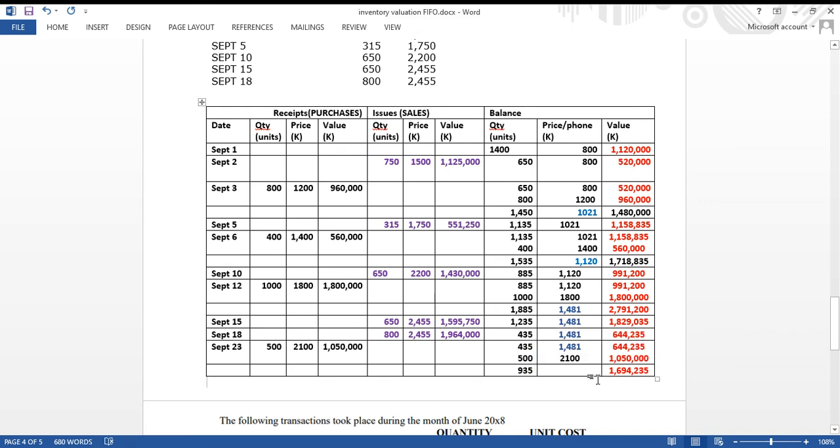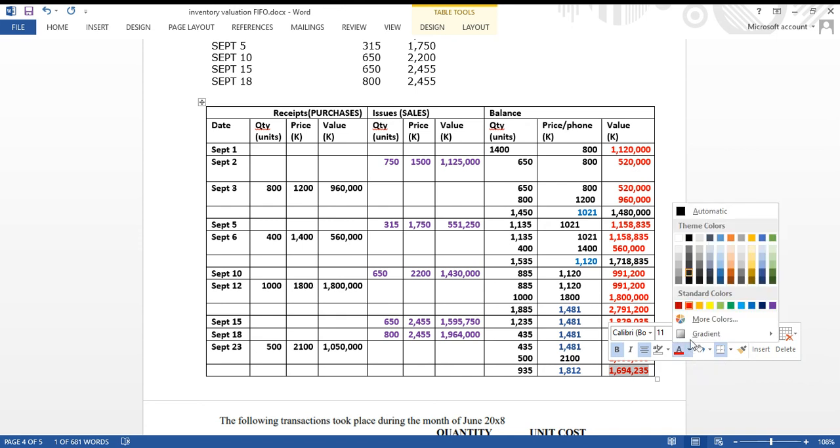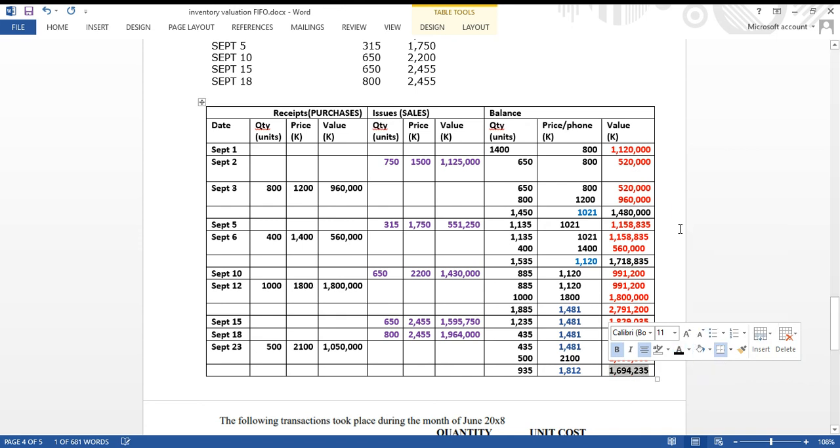So we say 1,694,235 divided by 935. We're going to get 1,812. All right. So that is our new average. We've now got our new average.